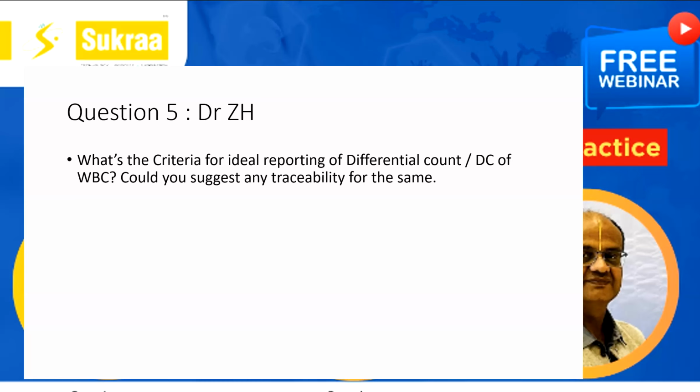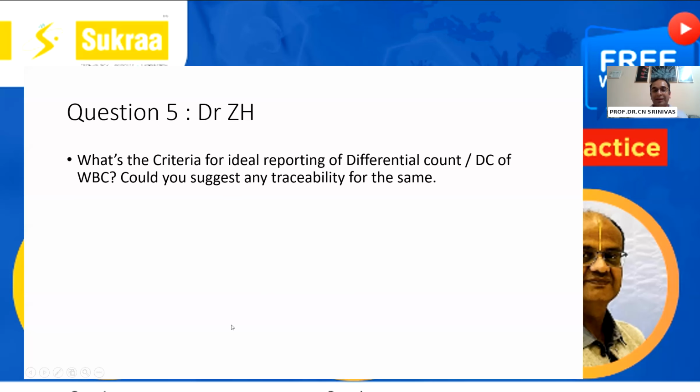I mean to say that there are different modalities of reporting the differential count. Few laboratories report percentage, few laboratories report absolute number, few laboratories report both absolute number and percentage. And what is the ideal way of reporting this differential count? And do we have any guidelines on how we have to report all this? Could you enlighten us on that?